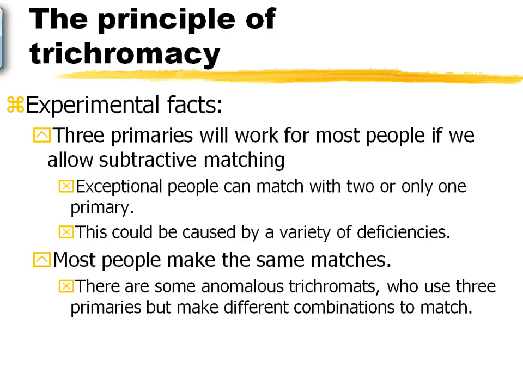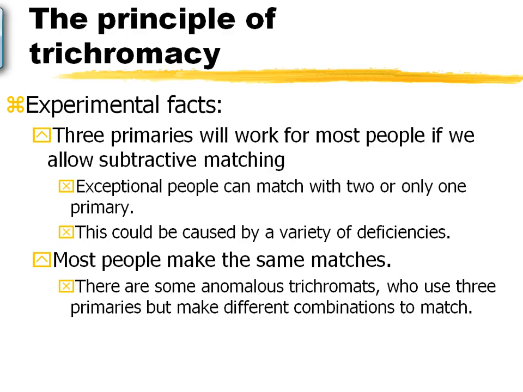Now, these experiments on humans work reasonably well. Most people will be able to figure out a primary set in order to match the color that they are seeing. For most people, it's always going to be one set. Very few people may end up with 2 sets of primaries in order to generate the same color.